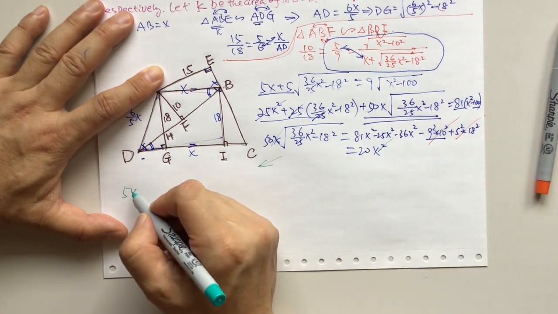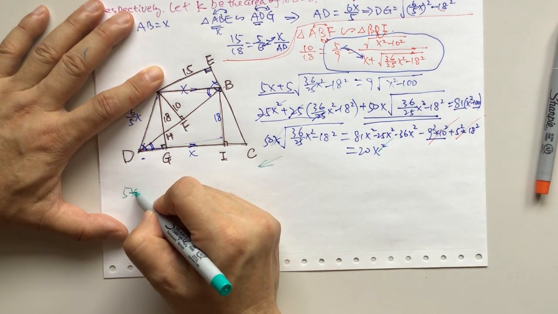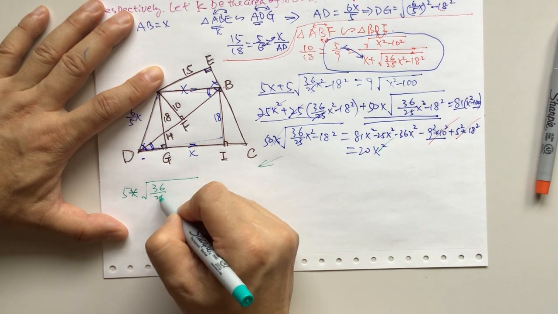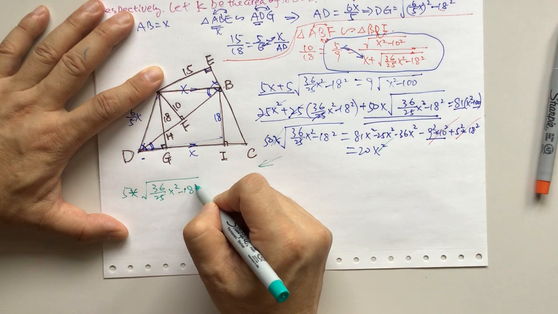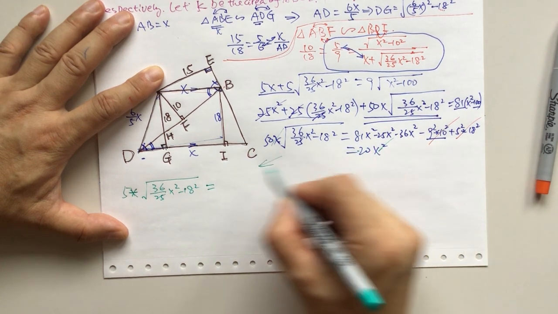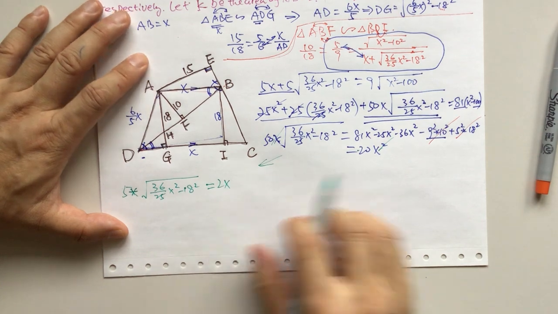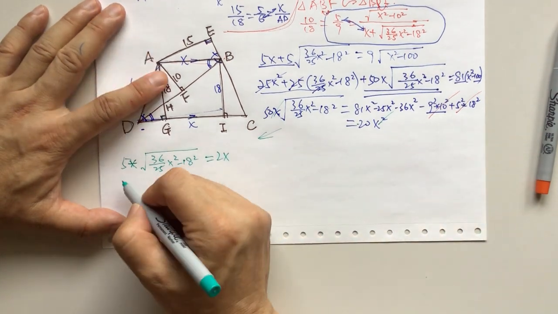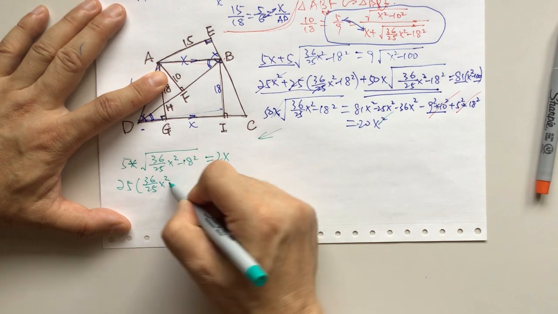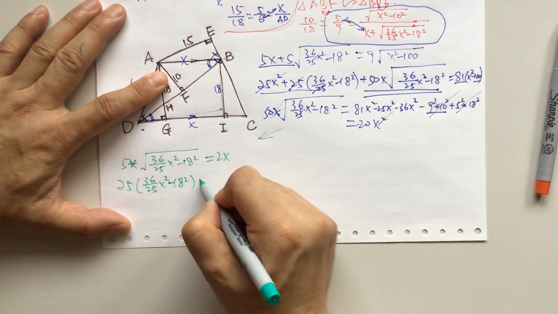So that's just 5 times square root of 36, 25x squared minus 18 squared, and equals each side divided by, so it's 2x.